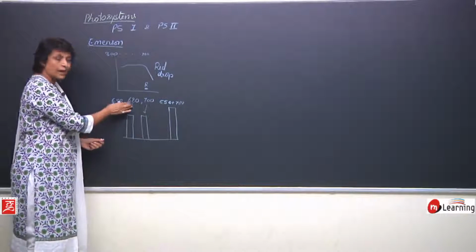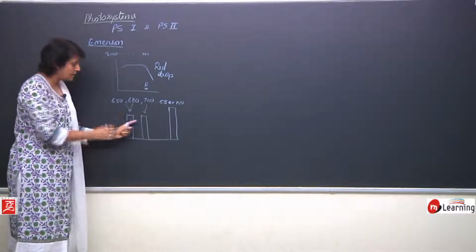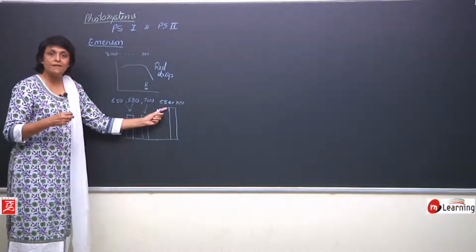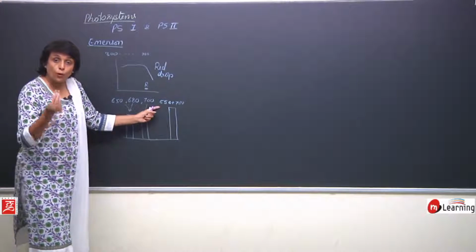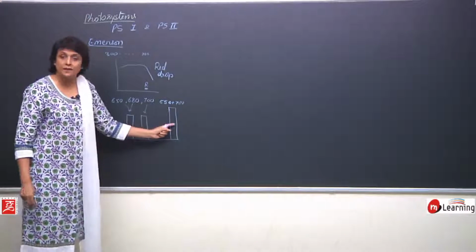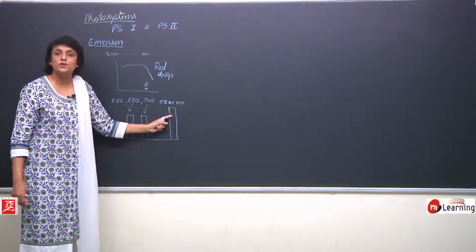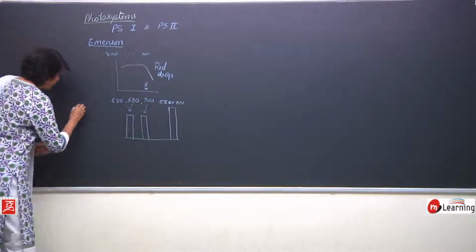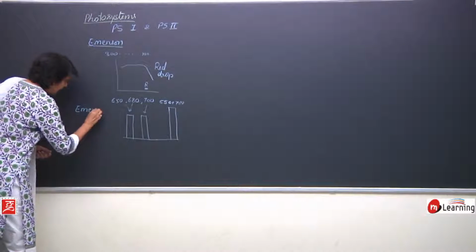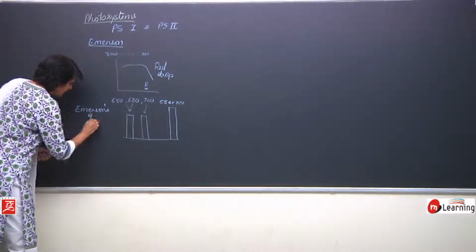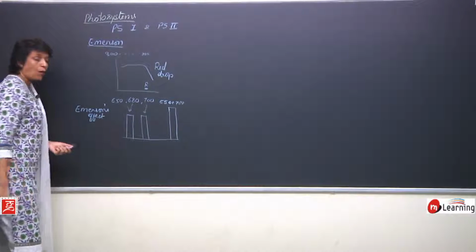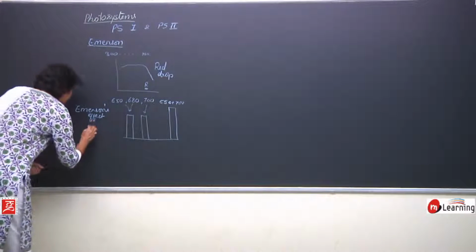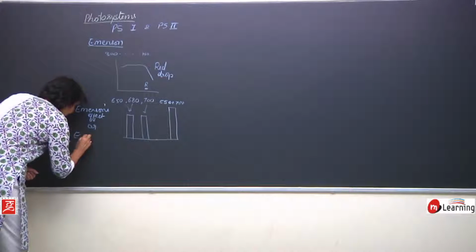One unit works at around 680 nanometers and the other at around 700. When both wavelengths were given simultaneously, both units worked together, and that is why the rate of photosynthesis was higher. This was called Emerson's effect, or also Emerson's enhancement.